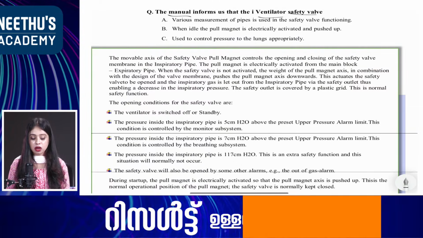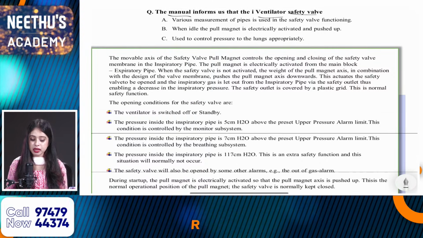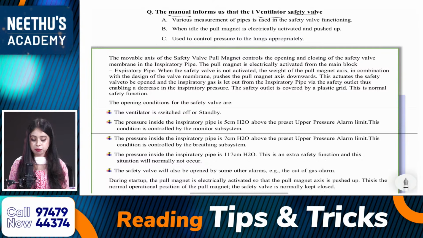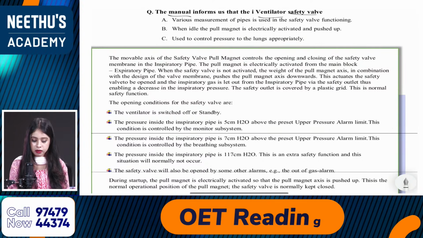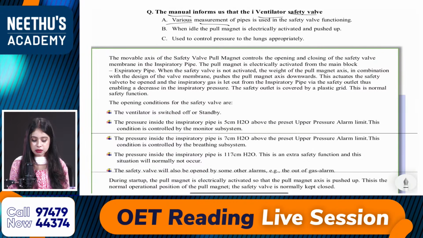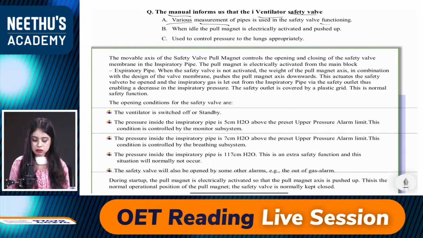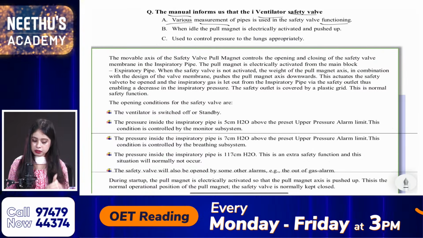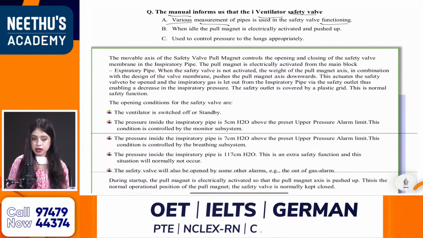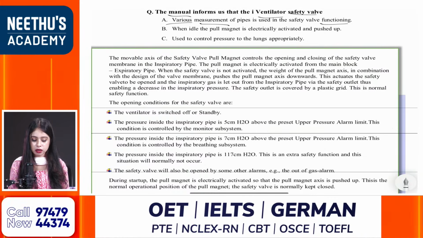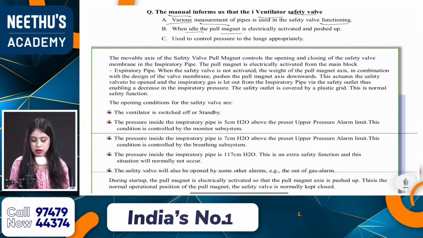Option A: the eye ventilator safety valve varies measurement of pipes and is used in the safety valve functioning. So my keywords are various, measurements and functioning. From option B: when idle, the pull magnet is electrically activated and pushed up. So my keywords: idle, magnet, activated.